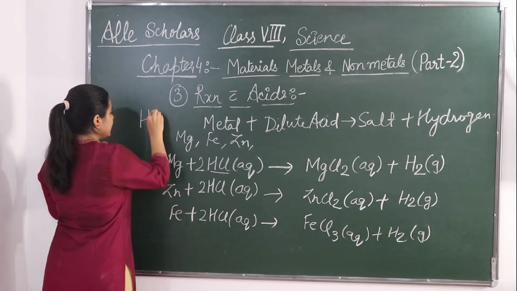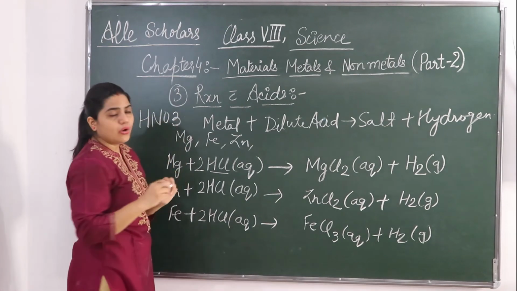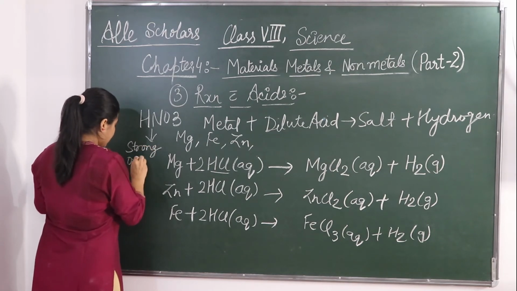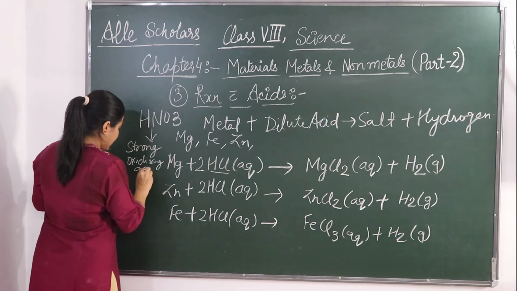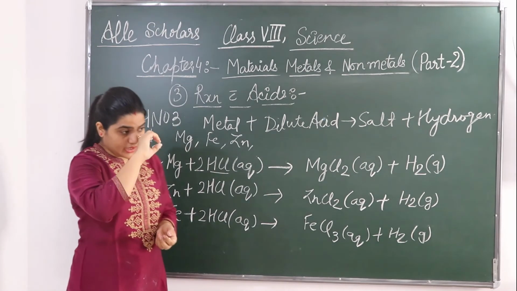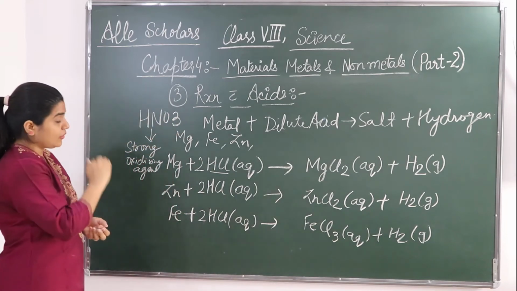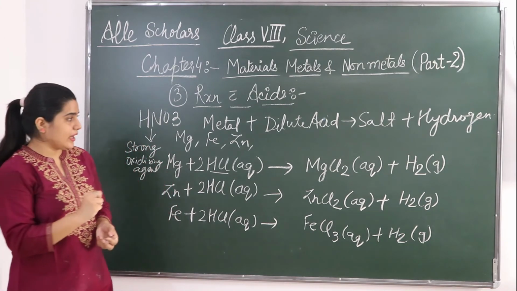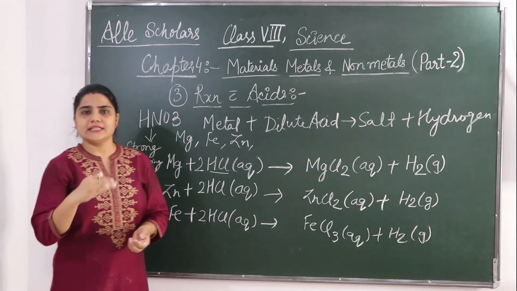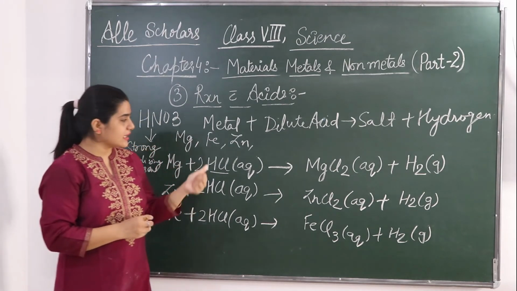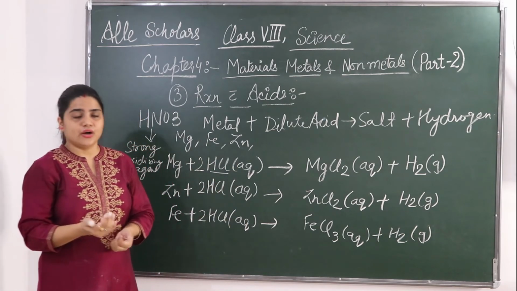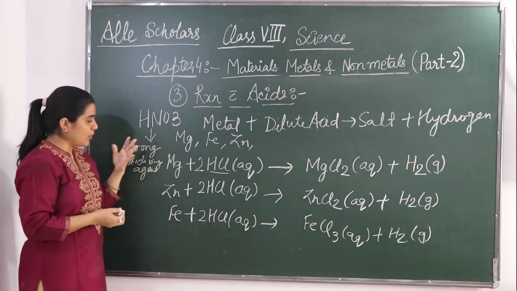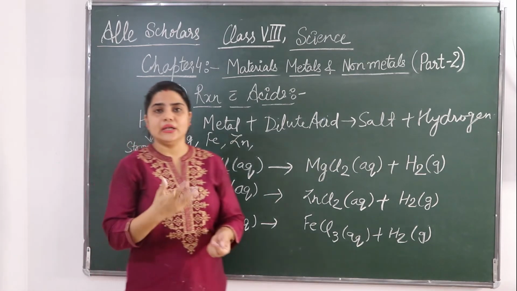This is because nitric acid is a strong oxidizing agent. It oxidizes the hydrogen that would form hydrogen gas to produce water. So instead of hydrogen gas, water is formed, and the acid itself is reduced to a nitrogen oxide. It can be any nitrogen oxide: N2O, NO, NO2.